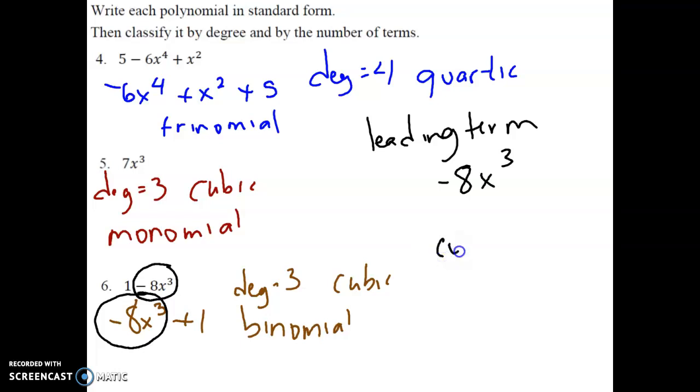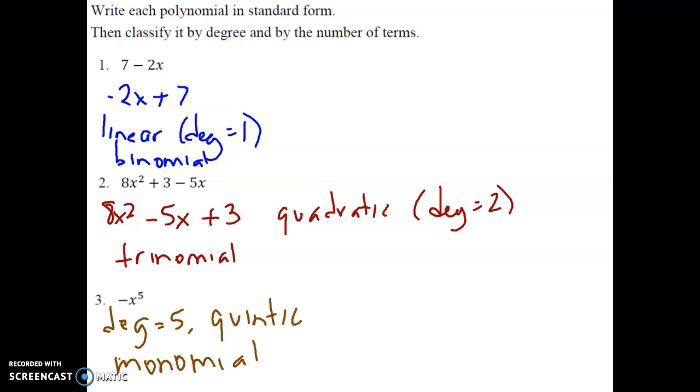And sometimes Delta Math will ask you for the leading coefficient. Remember, the coefficient is the number that's in front of the variable. So in this case, my leading coefficient is negative 8. If I look back at the last ones, let's look at number 2.